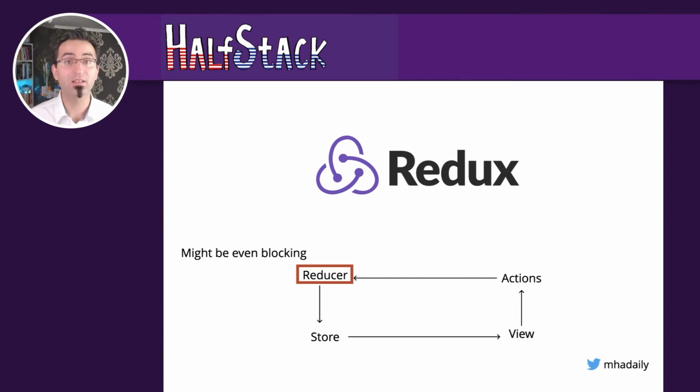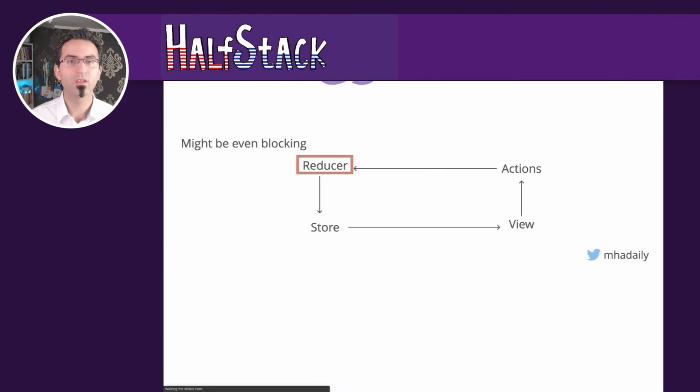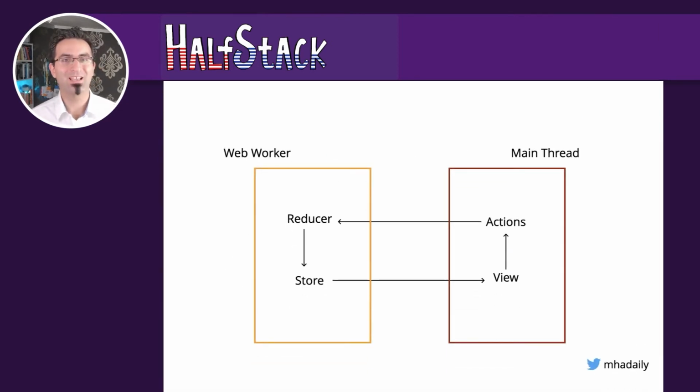And that's synchronous, and that's sometimes time consuming and blocking. So what we can do in this case is hold off this reducer and store to our worker thread, and then we have the view and action in our main thread. Simply, we are moving this heavy logic, which is blocking our main thread, somewhere else.